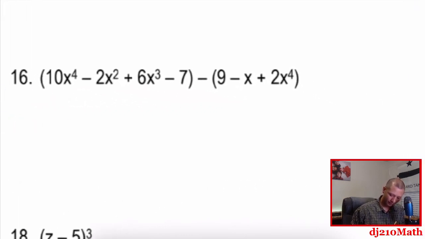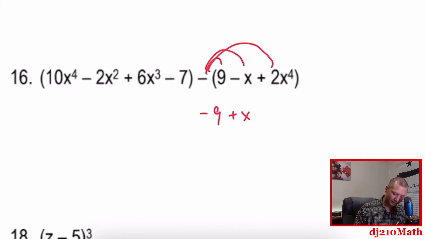16. Here we have subtraction. So that means we have to distribute the negative to everything. So this would be minus 9 plus x minus 2x to the fourth. Basically it's going to flip the sign of everything that's in the parentheses.